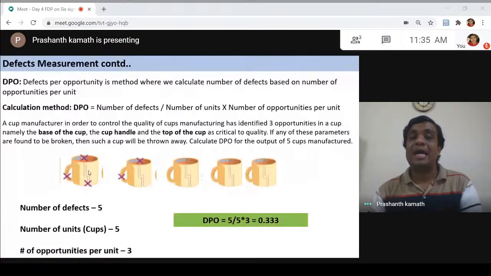It won't remain 3, right? So it all depends upon the management, how they want to define opportunity. So in this example, we had 3 opportunities: the base, the top, and the handle of the cup. So that is why we took opportunities as 3. You can take 2, you can make 4, you can make it 5. It all depends on what the management considers as critical to quality.